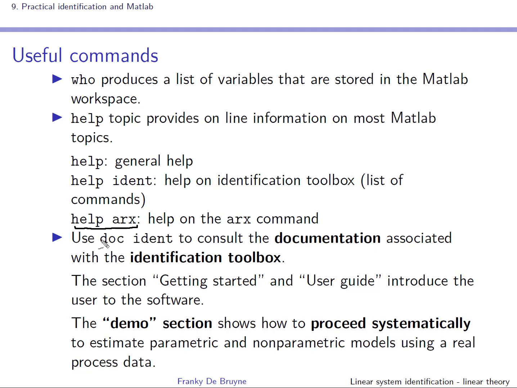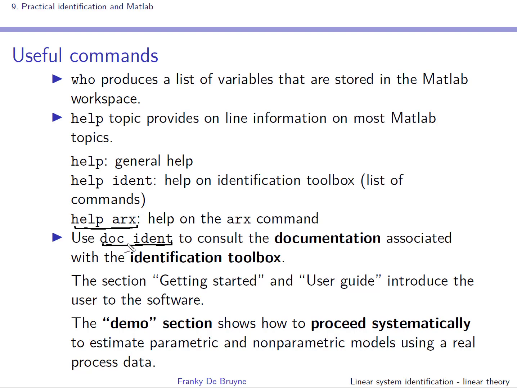What is very important also is that you have a look at the documentation that is associated to the identification toolbox. So the getting started sections, the user guide, and demo sections. So you type doc ident and you will see that there are quite a few examples.